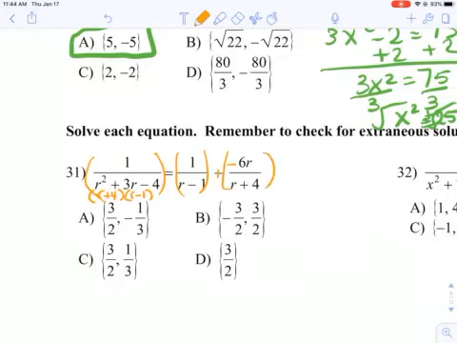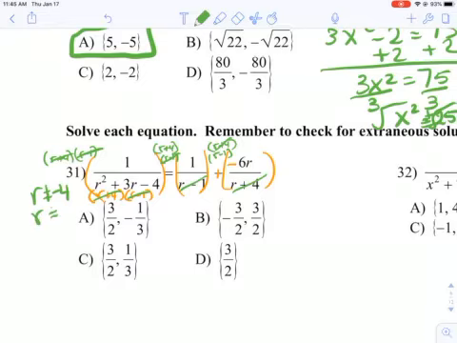So we're going to multiply every single one of these by r plus 4, r minus 1. So the r plus 4 and the r minus 1 make a 1, and both of these make a 1. And so we have to remember that r cannot be negative 4, and r cannot be 1.